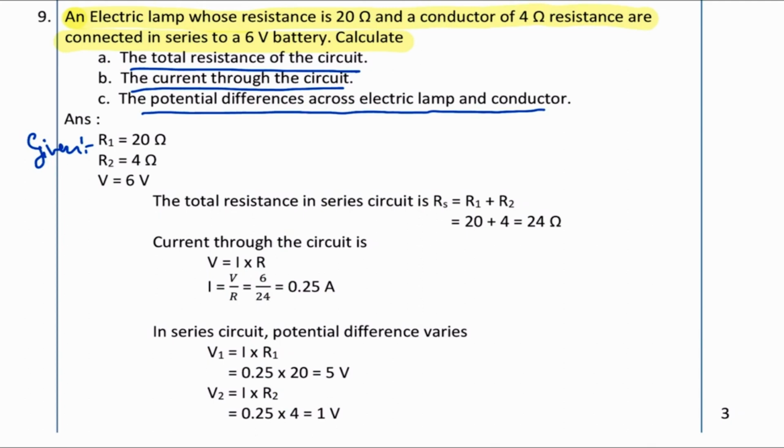The total resistance in series of the circuit is, if there is series, we need to add the resistance, then R1 plus R2 is equal to 20 plus 4, and the answer is 24 ohm.